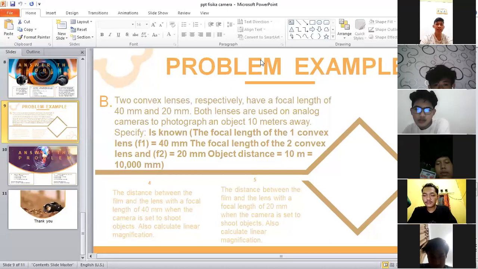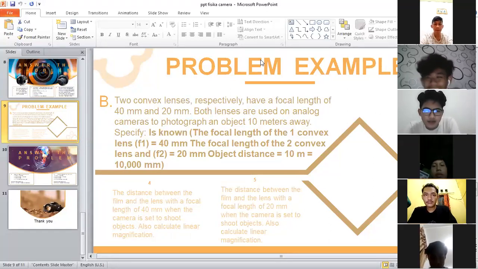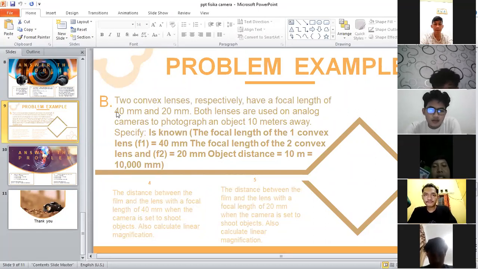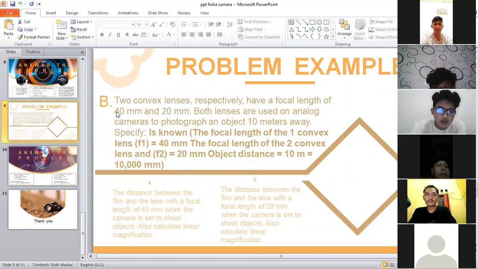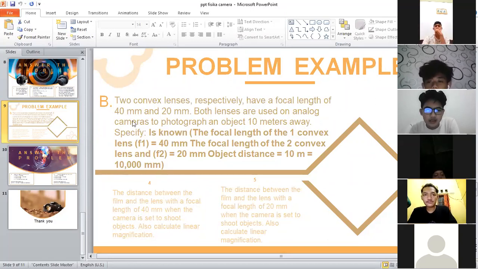Problem example. Two convex lenses respectively have a focal length of 40 mm and 20 mm. Both lenses are used on analog cameras to photograph an object 10 meters away.